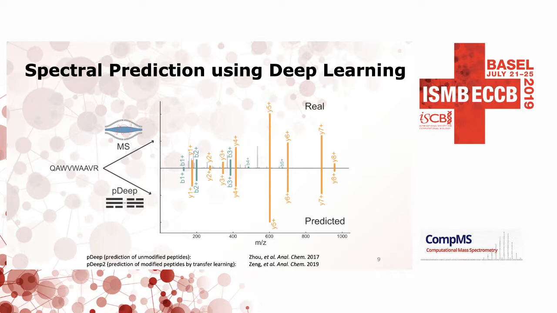The algorithm proposed by our group is called pDeep, which is used in pNovo 3. And the latest improvement, pDeep 2, uses a transfer learning approach to predict the theoretical spectra with modifications based on the prediction of unmodified peptides. It has just been published online.